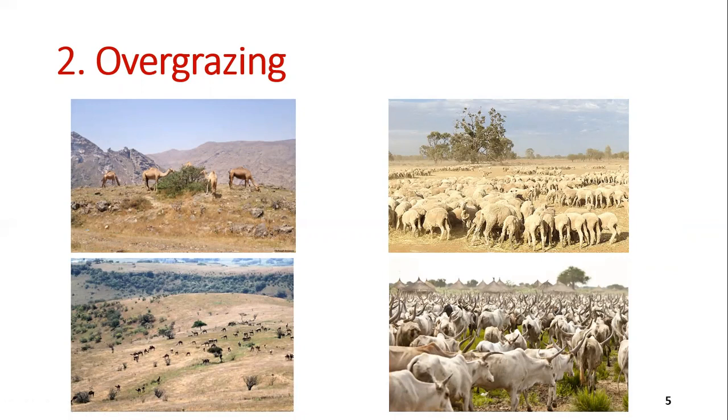Overgrazing is different. Why? Because of, again, the interest in producing more food, which resulted in concentrating the cattle or goats in a certain area.